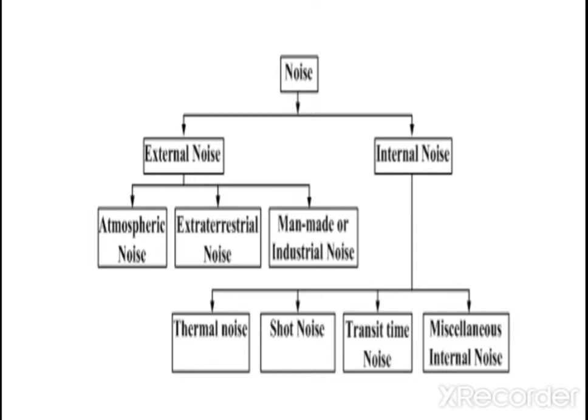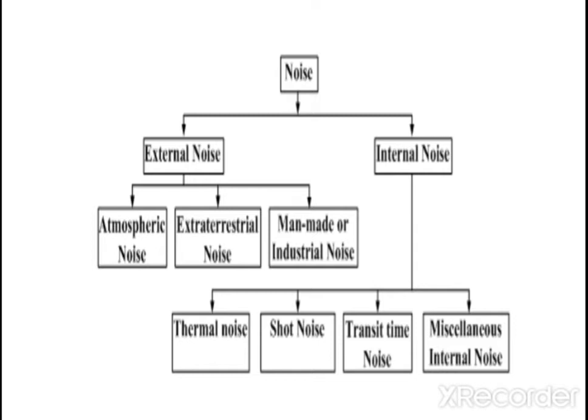This is the types of noise. Noise is divided into two parts, means two types, external noise and internal noise. So external noise means it is produced due to the external factor. So three types: atmospheric noise, extraterrestrial noise, man-made noise, otherwise industrial noise.